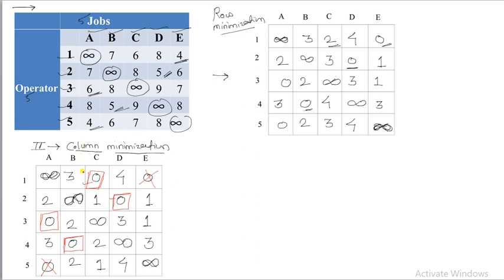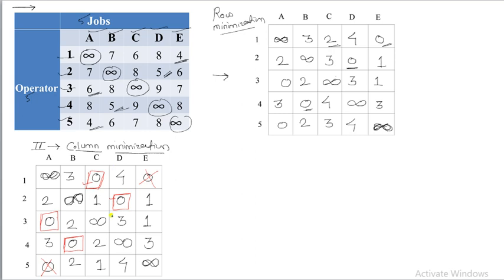Now we know the process that whenever we have this problem, the next step is to draw the minimum number of lines. Here the number of rows or columns is 5, so the minimum number of lines can be 4, 3, 2 or 1. It must be less than 5, as the order of the matrix is 5.